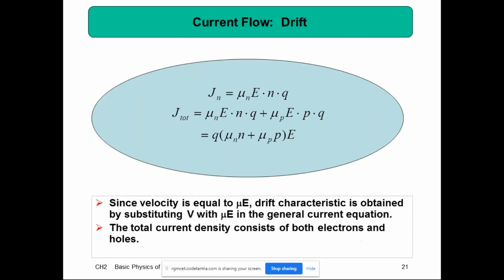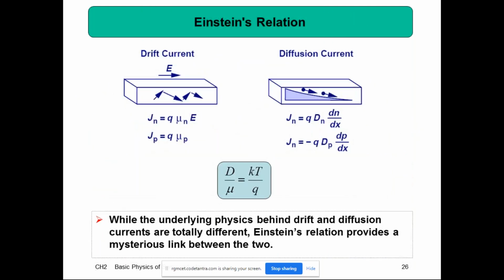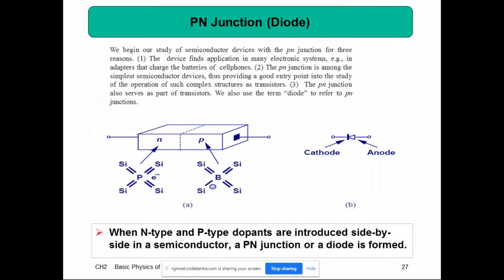Now coming to the PN junction diode. Before we study any device, whether it is a PN junction or some other device, you must know the necessity and the main applications of the PN junction diode.